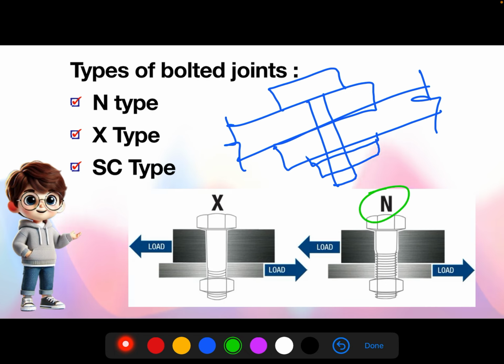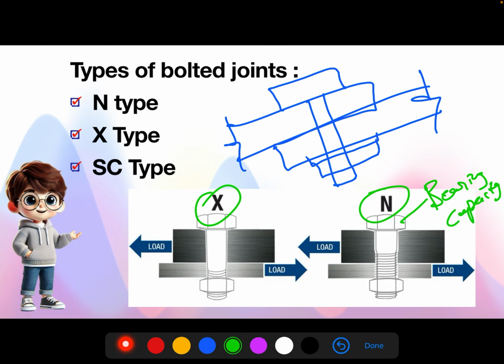In N type and X type, the load resistance will be done by the bearing capacity of the bolts. But when it comes to SC type, this is a steel piece and this surface of the steel piece is connecting to adjacent steel, right?